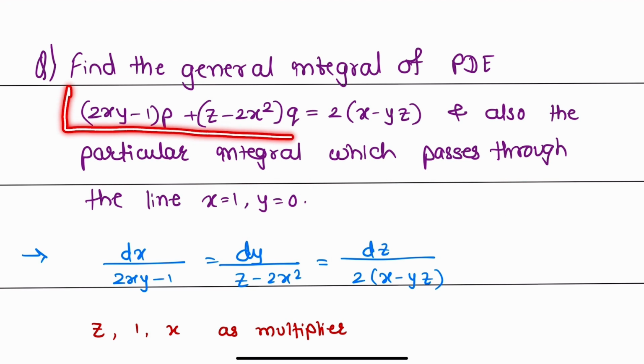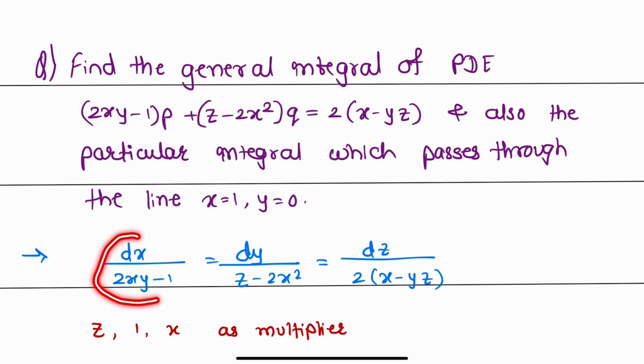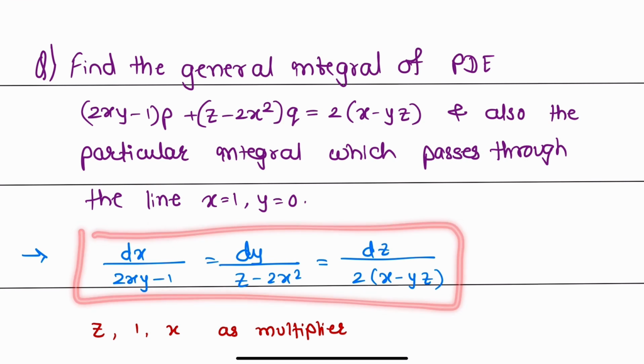Now, this given PDE can be written into auxiliary form as dx by this particular term equals dy by this particular term and dz by this particular term. Okay, that is what we have written here.